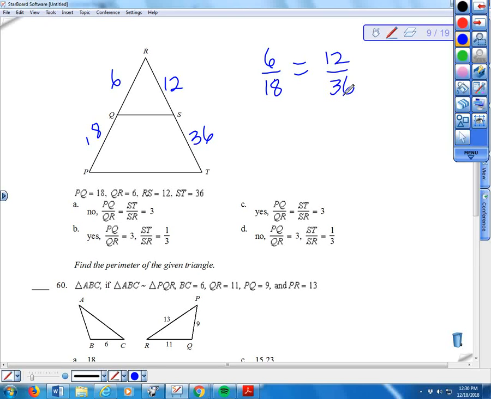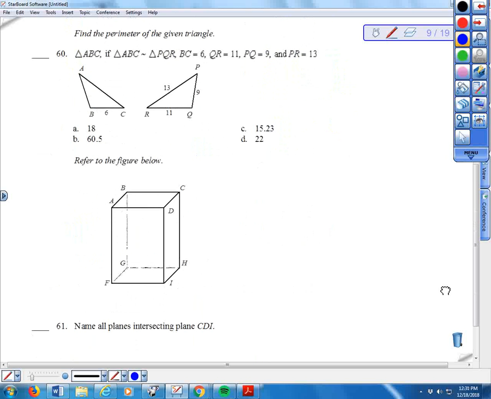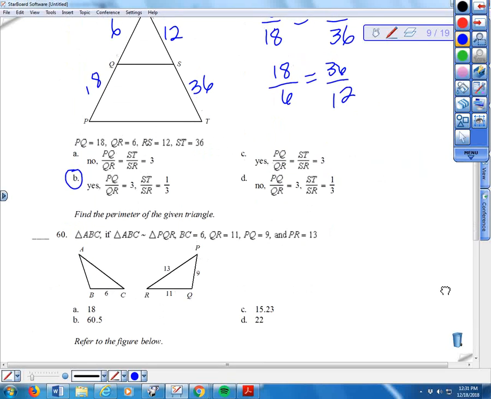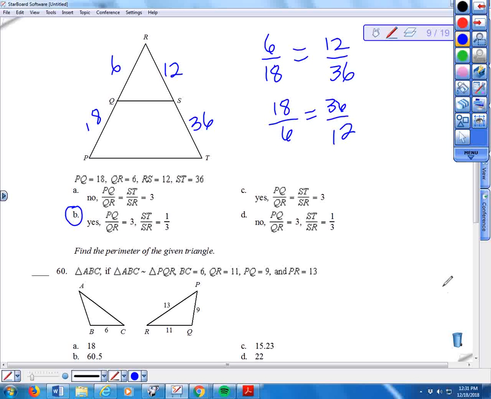And PQ over QR is how they've written it. So this would have been 18 over 6, 36 over 12. So it's 3 to 1. So it's this one. I think. ST, no, it's this one. They're not different scale factors.